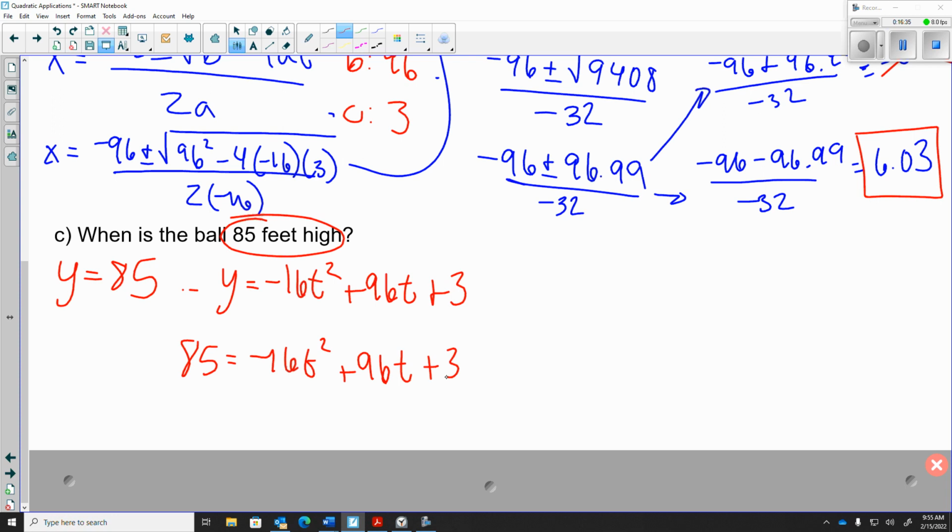Well, what are you going to have to do? You got to solve it. If you're going to solve a quadratic, first thing you got to do is get everything on the same side, right? So I need to subtract this 85 over there.